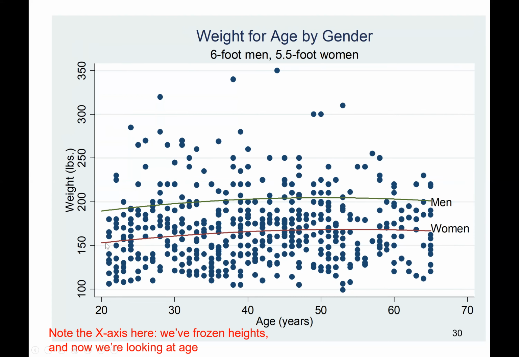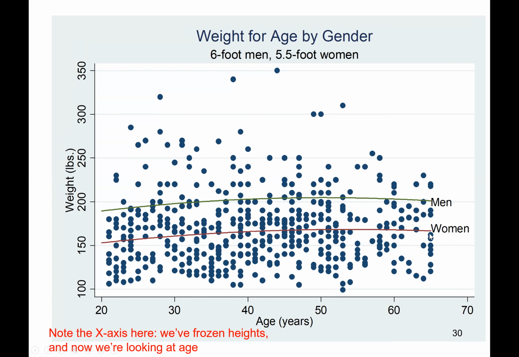So what does this line represent? Let's take a woman who is, and of course this entire red line on the bottom here is all 5'5", or women who are 5.5 feet tall. So if that woman is 30 years old, knowing nothing else about her except that she's 5.5 feet tall and 30 years old, we would predict that she weighs about, whatever this comes out to, maybe 157 pounds or something like that.